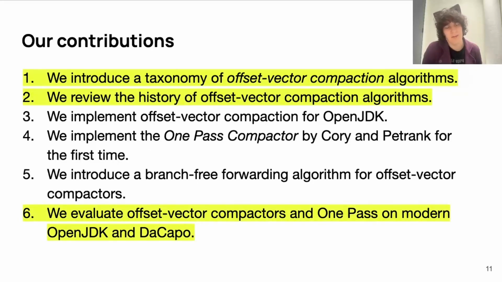I've already given my introduction to offset vector compaction, so I'm going to talk about the history and design space of offset vector compactors, and then our results from evaluating a bunch of compactor designs.